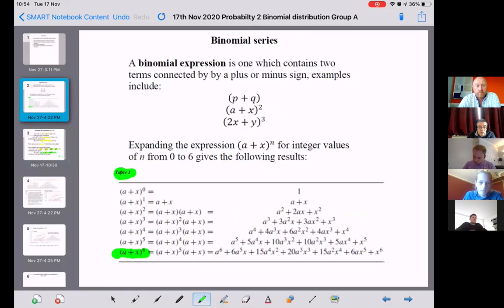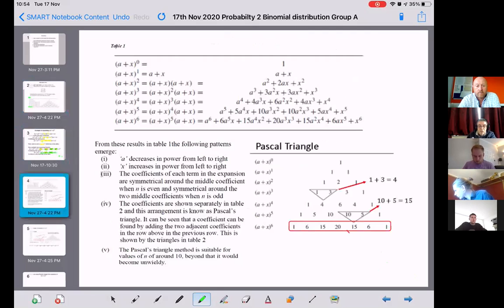Okay, now there are some observations we can make of that triangle table in terms of the powers of a. Let's take this a to the 4 one. The power of a is 4, then it goes to 3, then 2, then 1, and then it disappears.